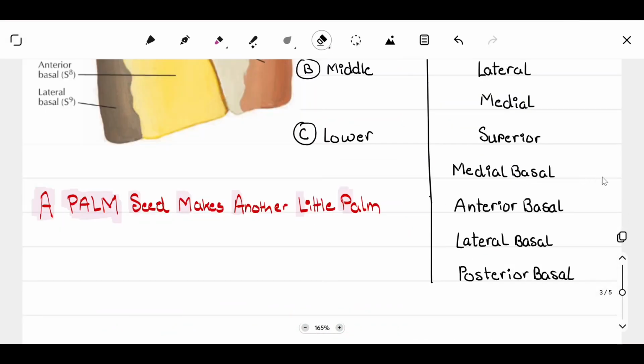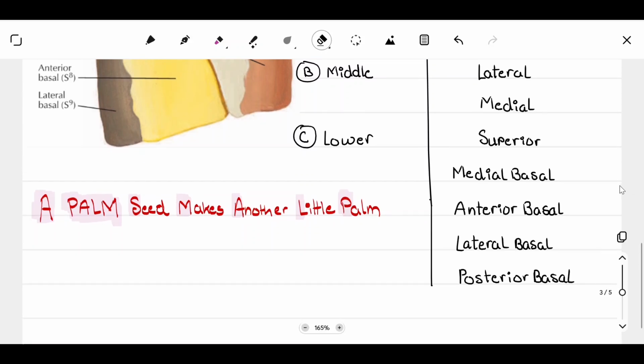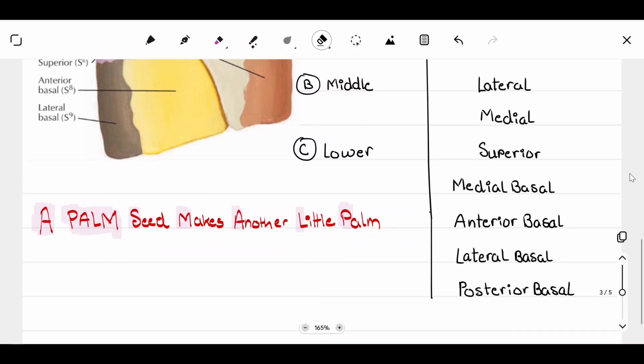And just to help you with these names, we have a special mnemonic, which is a palm seed makes another little palm. Here the highlighted letters represent the initials of each segment and can be remembered by this easy mnemonic.